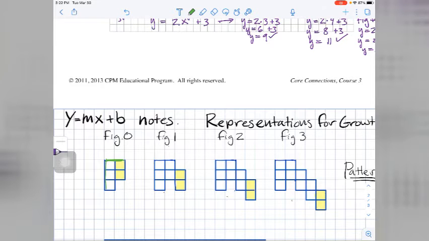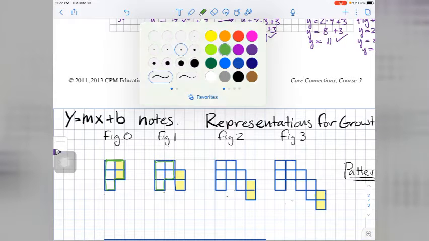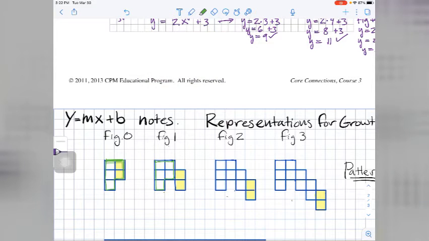I've been having a lot of success figuring this out by thinking about what are my starting tiles and what are my new tiles. So I'm going to use my highlighter here and highlight all the way around this.